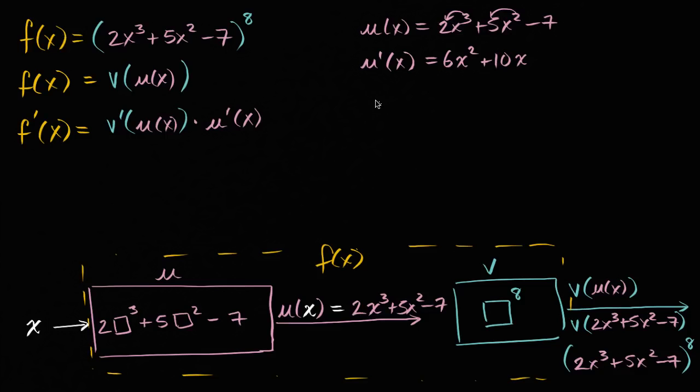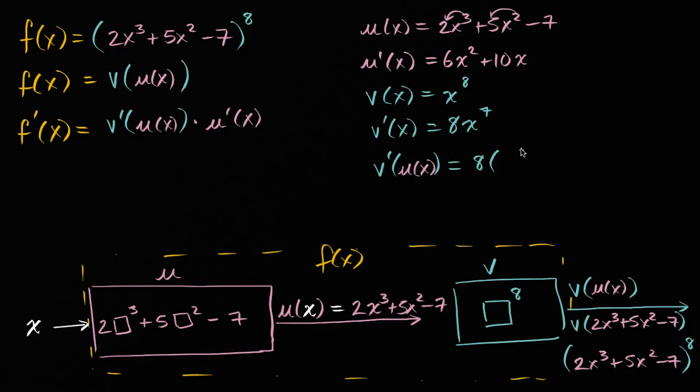Now, we know that v, if we inputted an x into v, so v of x would be equal to x to the 8th power. v prime of x, well, we just use the power rule again. That's 8x to the 7th power. And so v prime of u of x, so if you were to input u of x into v prime, well, it's going to be equal to 8 times u of x to the 7th power.